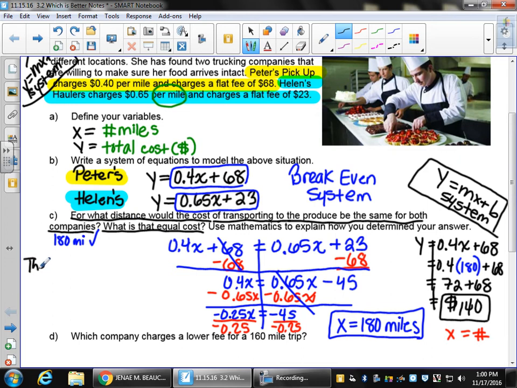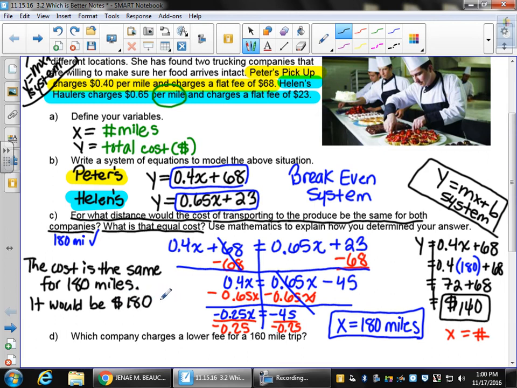The cost is the same for 180 miles, it would be $180 for that number of miles.